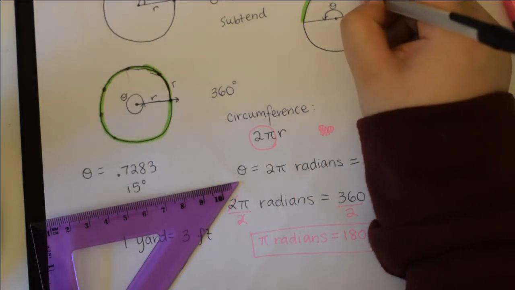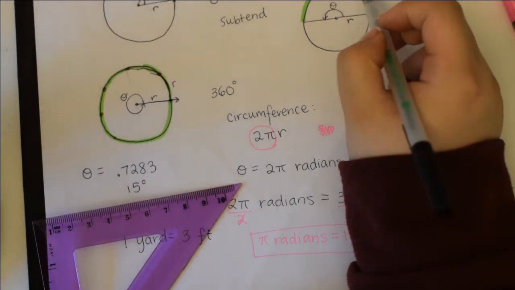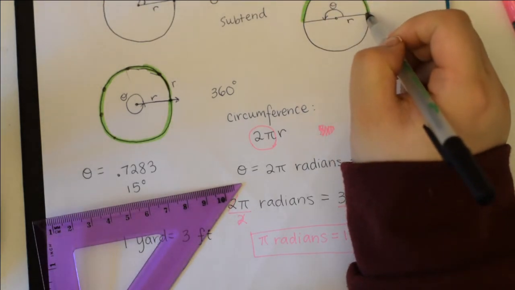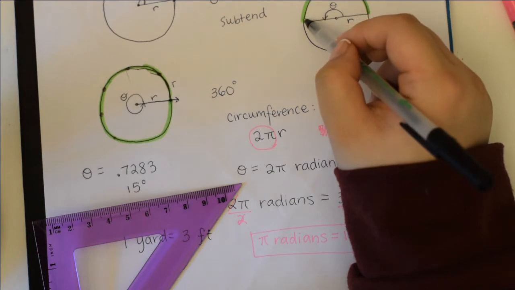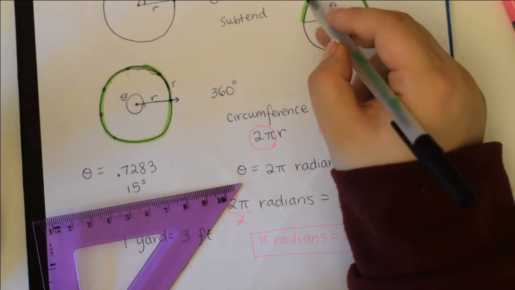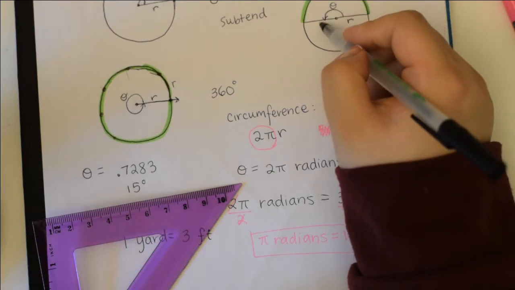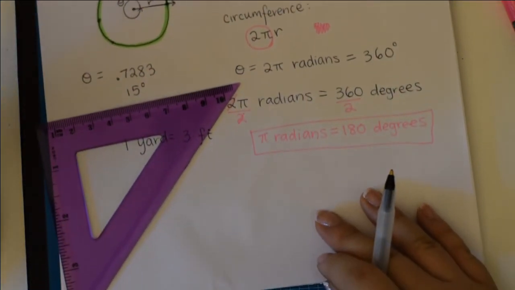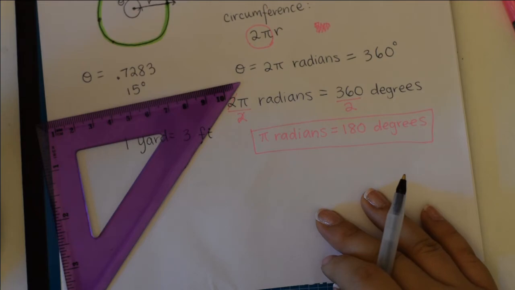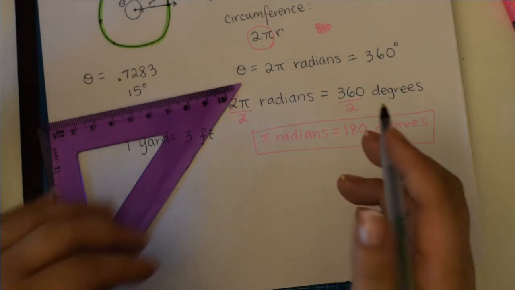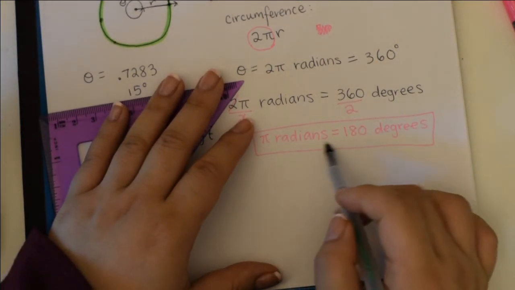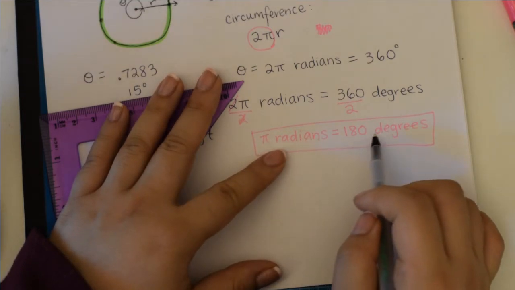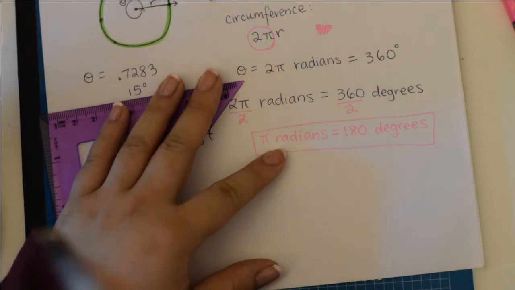Well, if the whole circle is 2 pi R, half the circle is just pi R. So there are pi R's, which means pi radians, right? So pi radians is 180 degrees. And from there you can work through some proportions and setting up actual conversions, which I think I'll do in the next video. Okay?